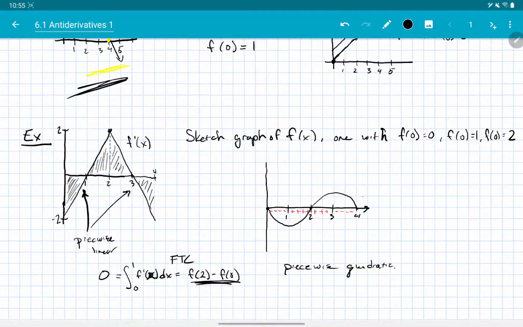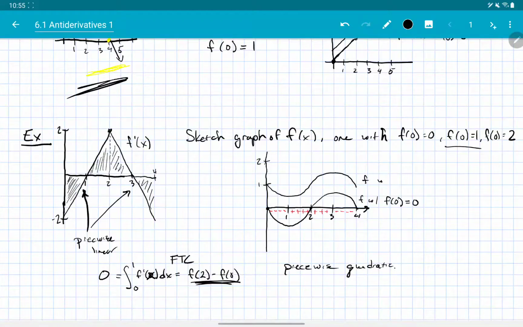So this is F with F of 0 equaling 0. Now, if I want F of 0 equaling 1, all I'm doing is shifting this picture up 1 unit. So let's say this is 1 and this is 2. So I just shift this picture up 1 unit. It should be perfect, but of course my drawing is not exactly perfect.